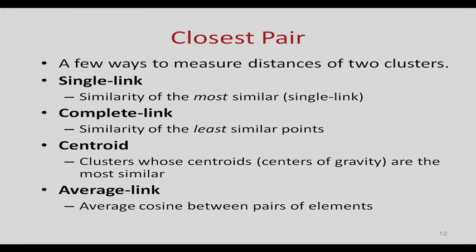Now, when we have to find the closest pair, as we said, there are different ways to measure the distance of two clusters. Some popular methods are single link, complete link, average link, centroid. In single link clustering, when we look at the similarity between two clusters, suppose we have cluster Ci and cluster Cj.